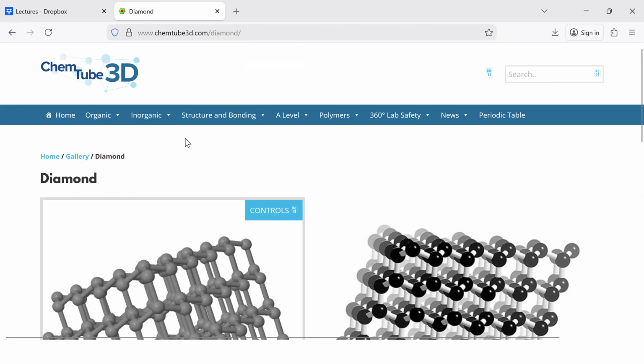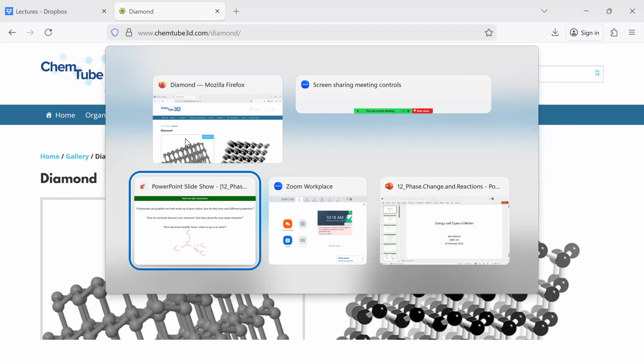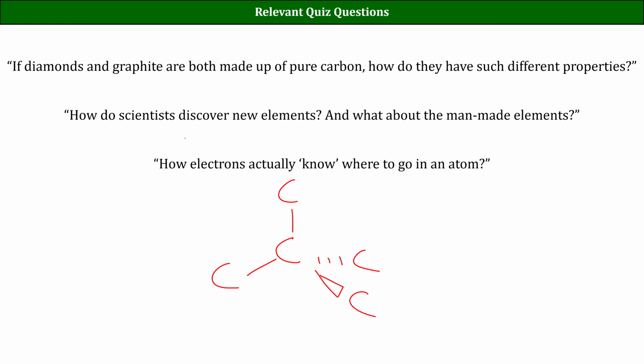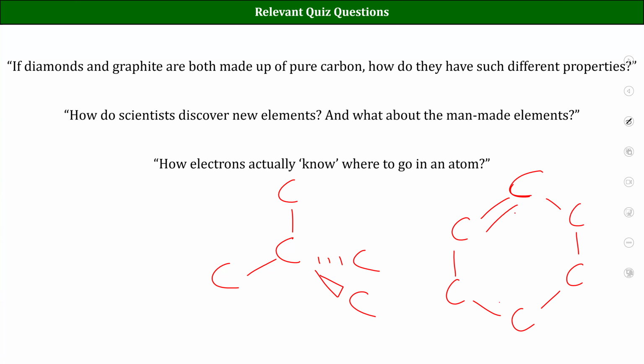If we compare that to graphite, it's still just carbon, but it's a bunch of trigonal planar carbons that are all linked together. There we go. Where we have alternating double bonds, and every single one of these hexagons is connected to 6 other hexagons.